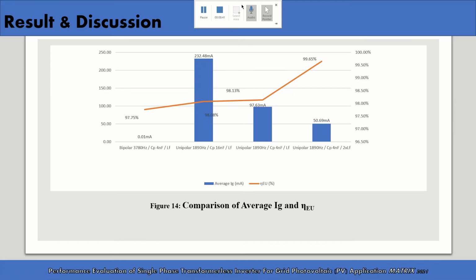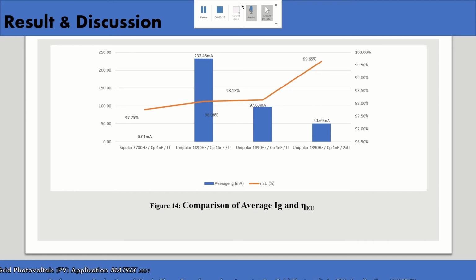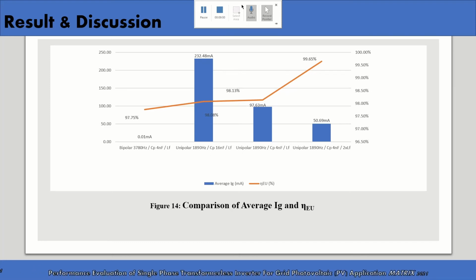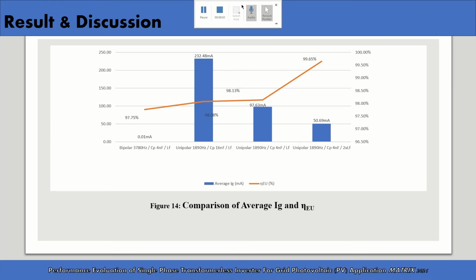Thus, it brings the advantage of filter design and selection of power electronic components for the unipolar PWM transformerless inverter, as it requires a small-sized inductor and capacitor filter and a low cost switching transistor, as it operates at a much lower switching frequency compared to the bipolar PWM technique.